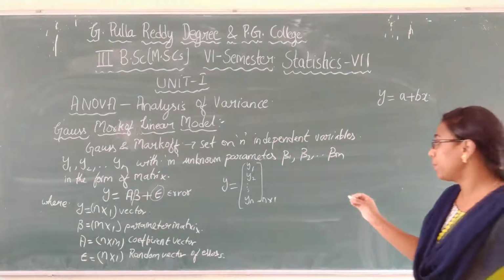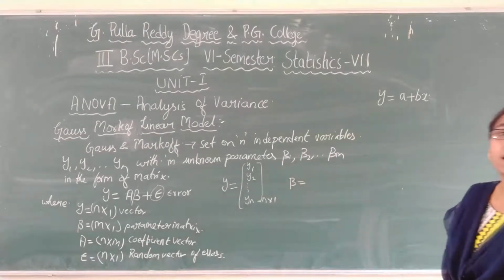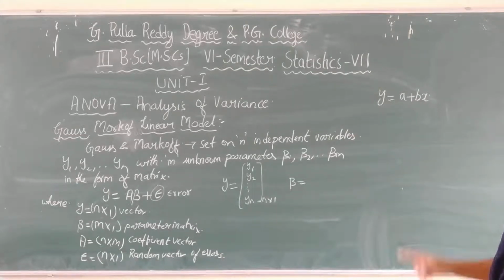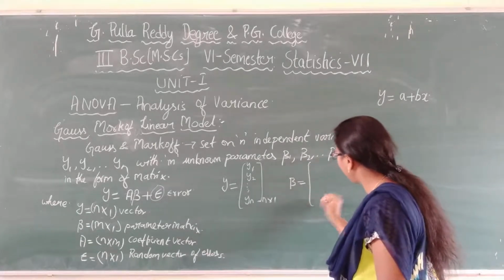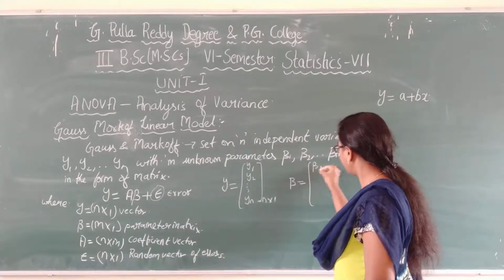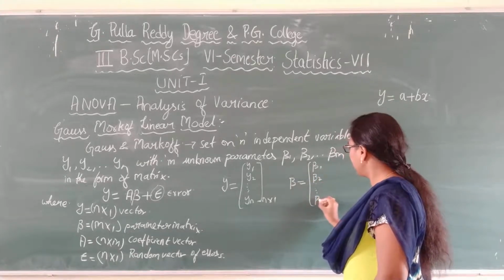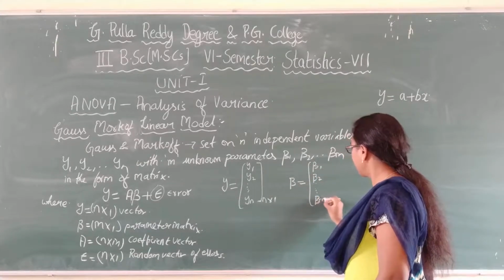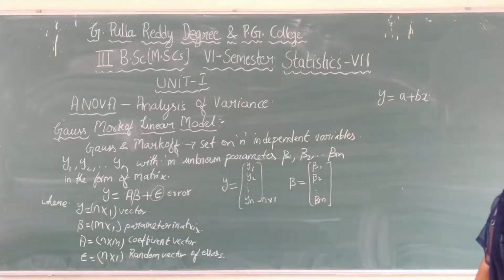Similarly, beta. What is beta? Beta is the m by 1 vector. We have a total of m unknown parameters, denoted as beta 1, beta 2, so on, beta m.